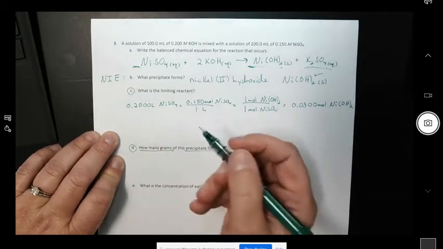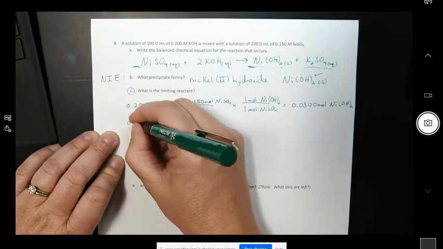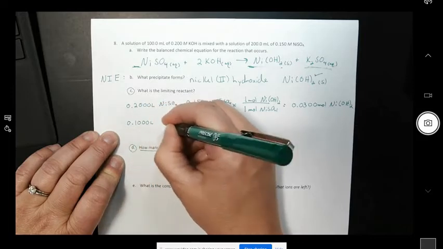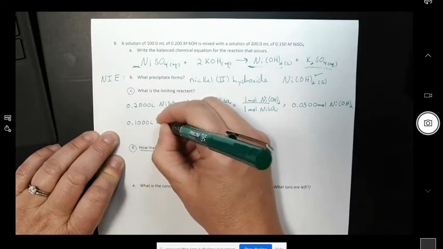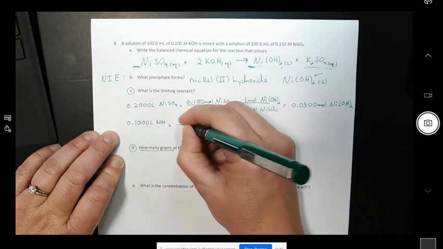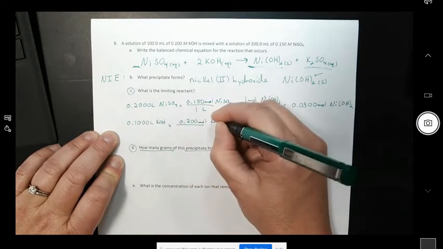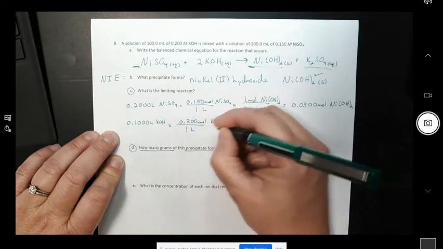So let's see what happens with the other reactant, potassium hydroxide. We've got 0.1000 liters of KOH, and our molarity is 0.200 moles of KOH for every 1 liter.